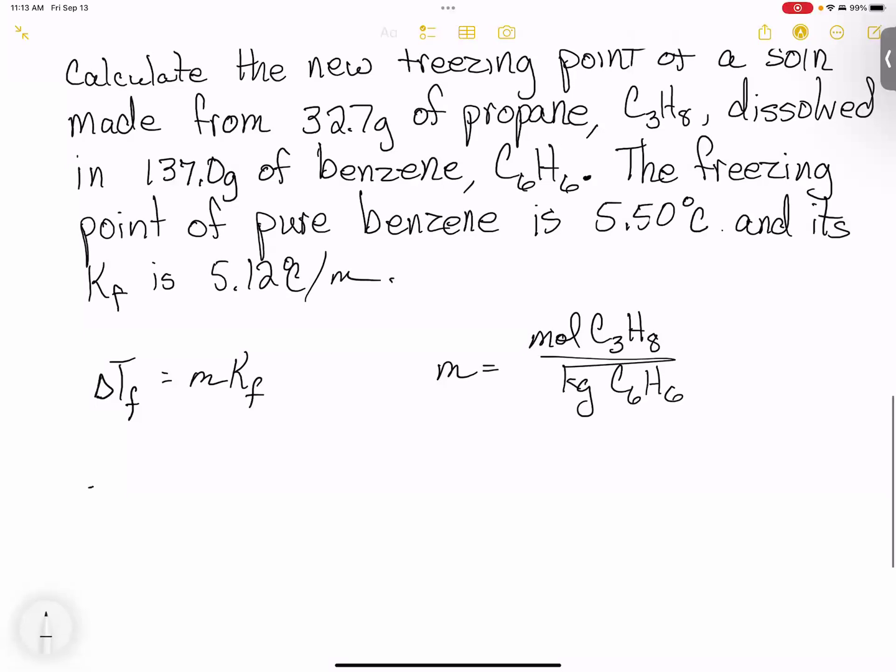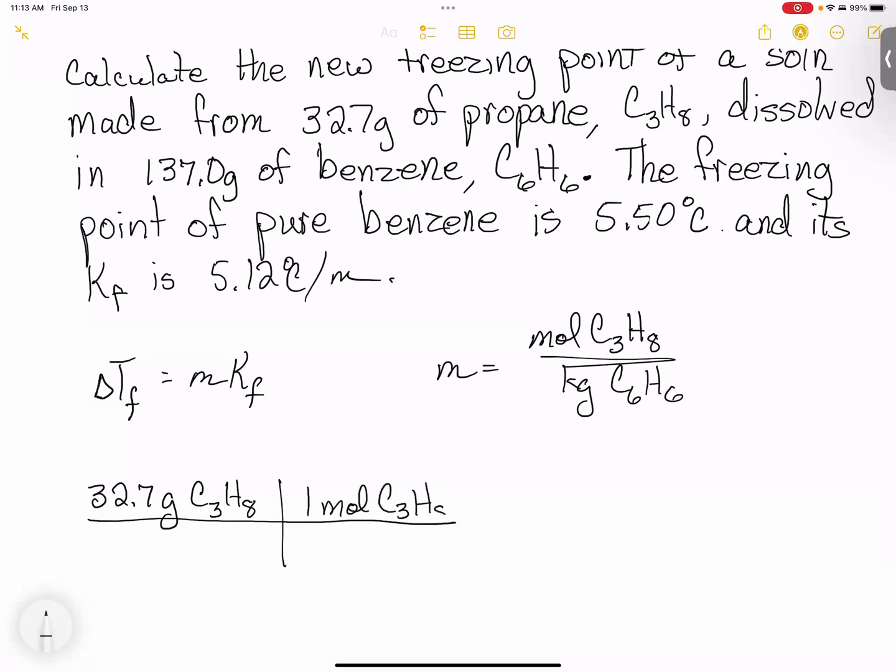So the first thing we need to do is convert that 32.7 grams of propane into moles of propane, using the fact that 1 mole of propane is 44 grams.